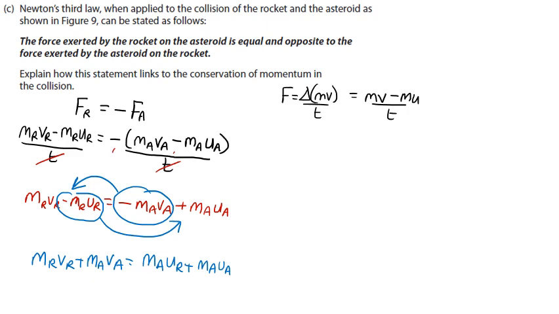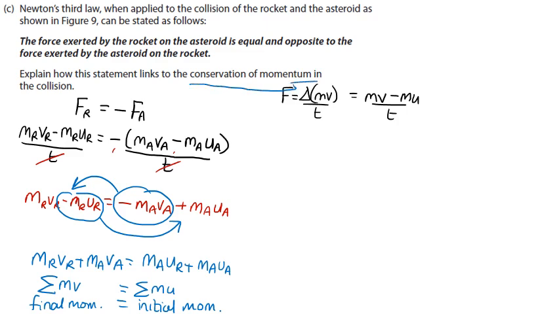So what I've got now is that the sum of the momentum, so the momentum of the rocket and the momentum of the asteroid, so the sum of the final momentums is equal to the sum of the initial momentums. So that's final momentum equals initial momentum. Okay, and that is conservation of momentum then, that the total momentum of the system doesn't change in a collision.